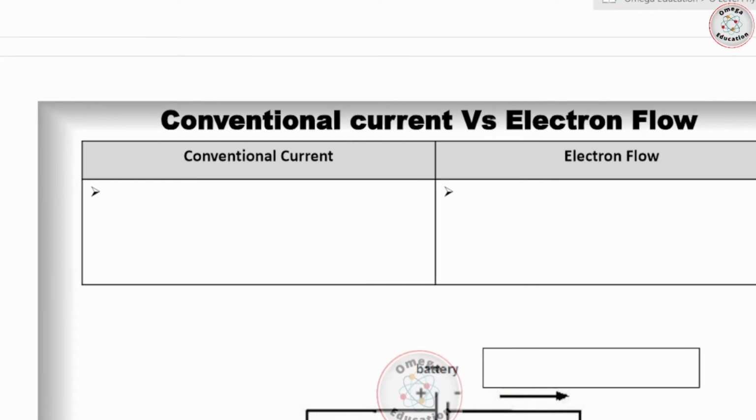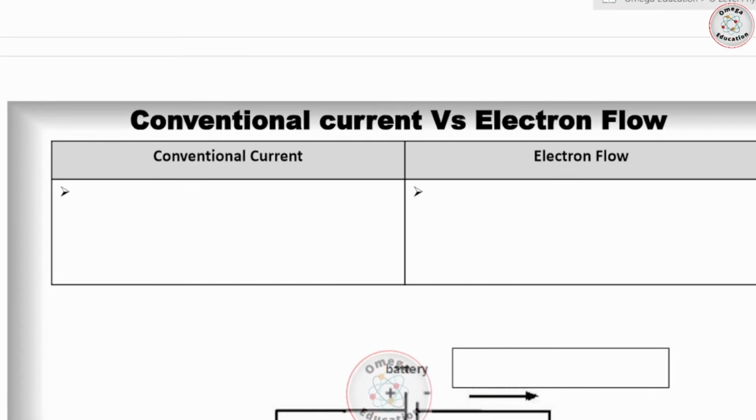All right, the next thing is conventional current and electron flow. Electron flow is also known as electronic current. Now previously, I don't want to go into the history, but just a brief narrative: previously the current was believed to be the flow of positive charges.